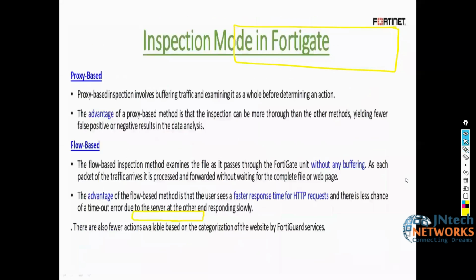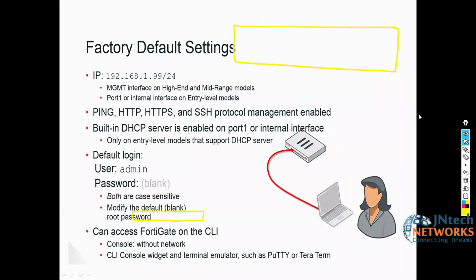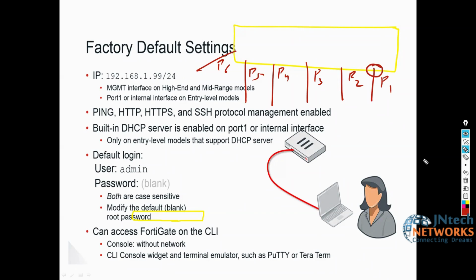On an entry-level firewall box, we have only data interfaces, for example port number 1, 2, 3, 4, 5, 6. So on it, we can use port number 1 as a management port. You can use any port as a management port, no problem, but port number 1 you can use.